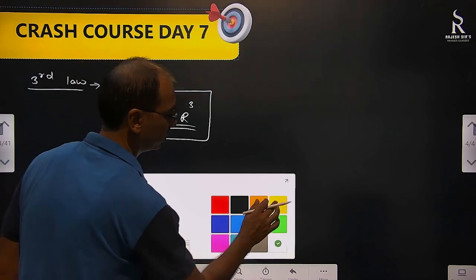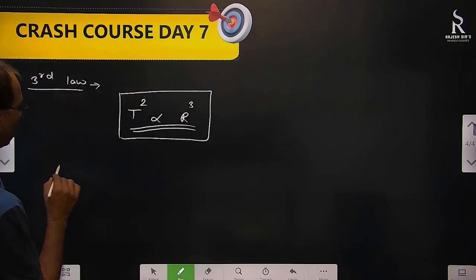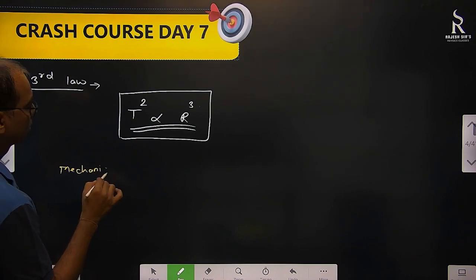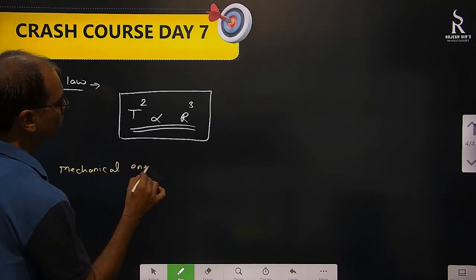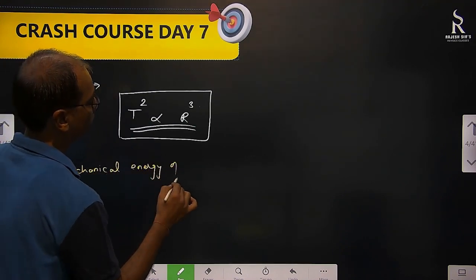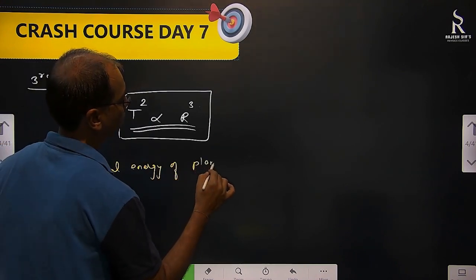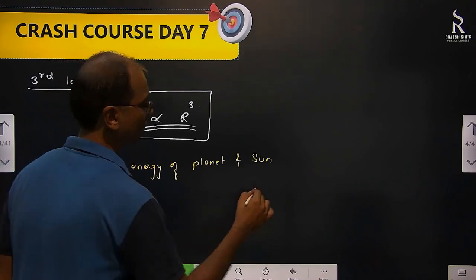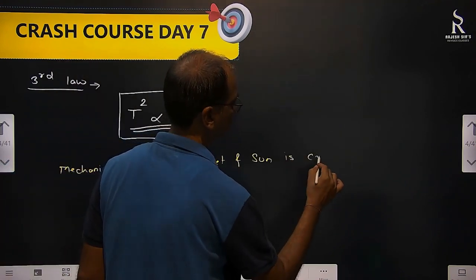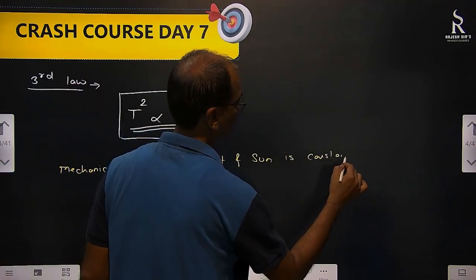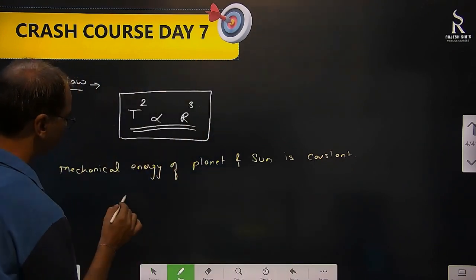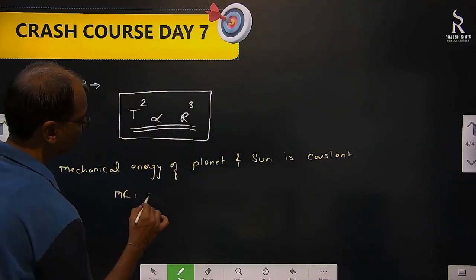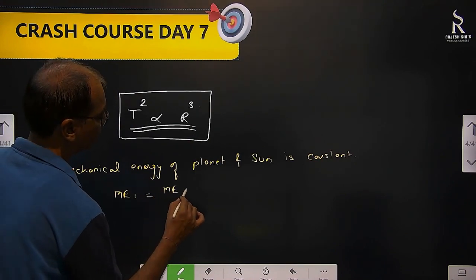Going back and writing it here: the mechanical energy of the planet and the sun is constant. That means mechanical energy at one position must be equal to mechanical energy at the other position.